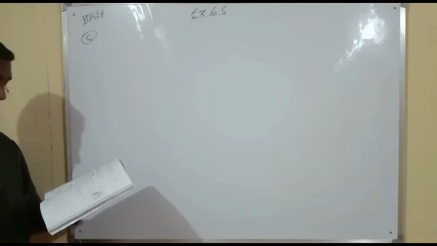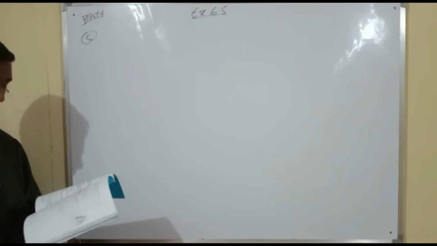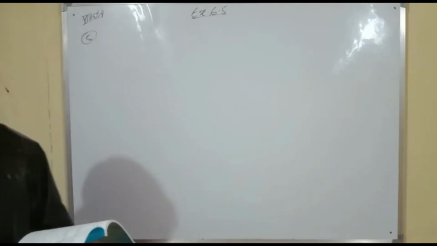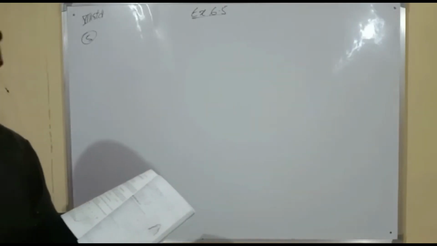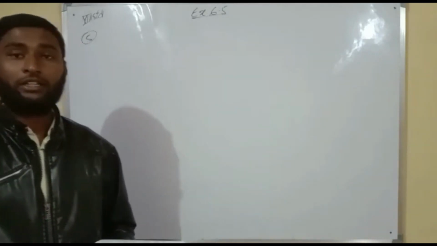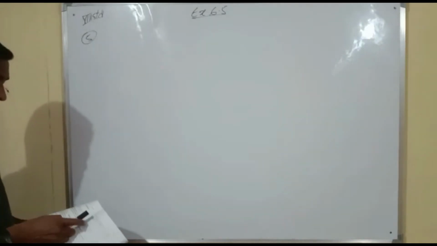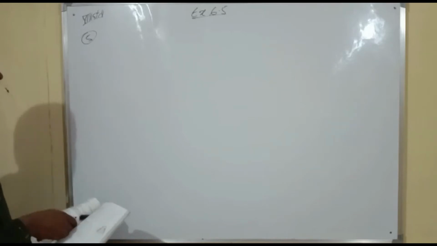See the first problem: (3x plus 7) whole square minus 84x is equal to (3x minus 7) whole square. We will have to prove the left hand side to be the right hand side. Okay, so we will have to prove that. I will solve the first one.